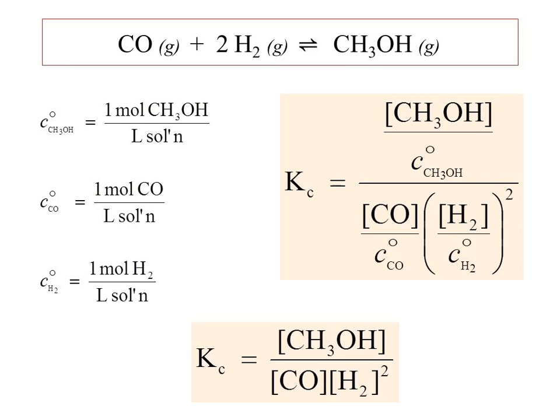Okay, this is all to say that we're expecting those units of moles per liter to cancel. But actually, these end up being unitless, so this is always unitless. That's my point. All right, equilibrium constant expressions.